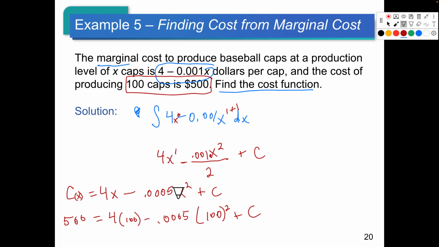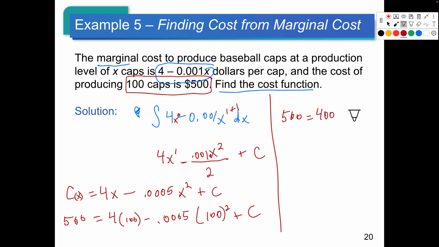So what does this give us? 500 equals 400 minus 0.0005 times 100 squared. So 100 squared is what, 10,000? Yeah, 10,000. 10,000 times 0.0005, I think that's about $5. Let me check it out. 100 squared is 10,000 times 0.0005 is $5.